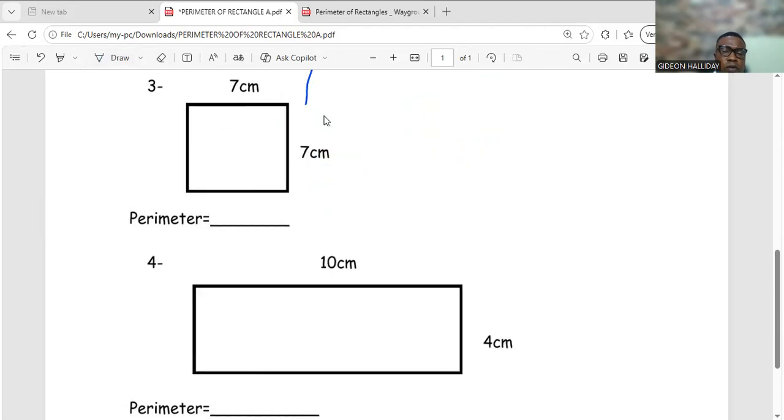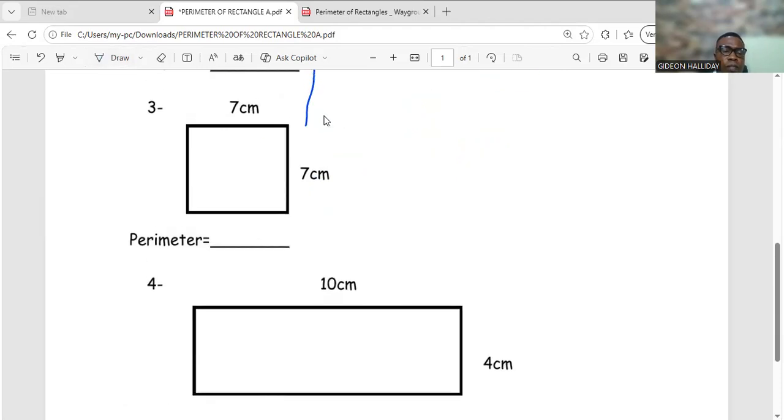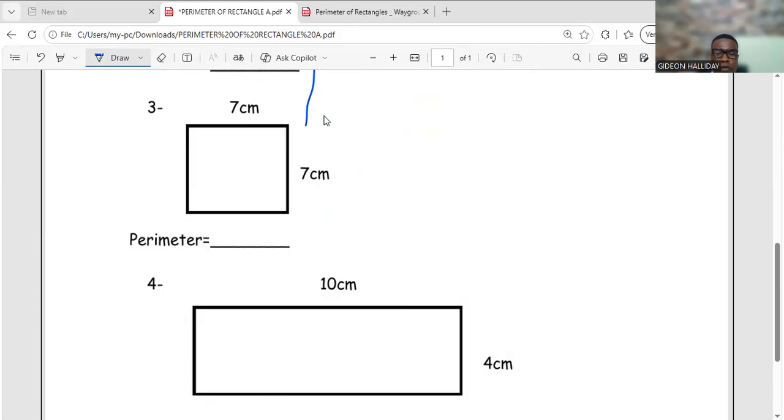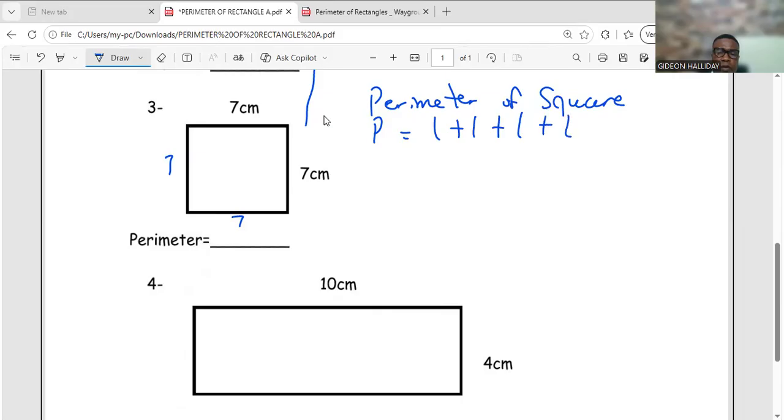Now the next one, this is a square. Now for a square, since all the sides are equal, this also will be 7. So how many sides does a square have? 4, right? So perimeter of square, you can write this as L plus L plus L plus L. So that's 4L, which is the same as 4 times L. So you don't need all of them.